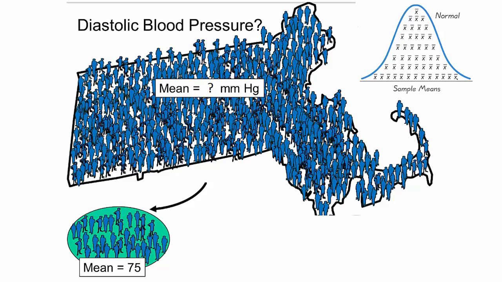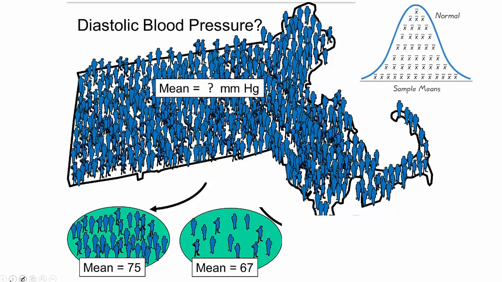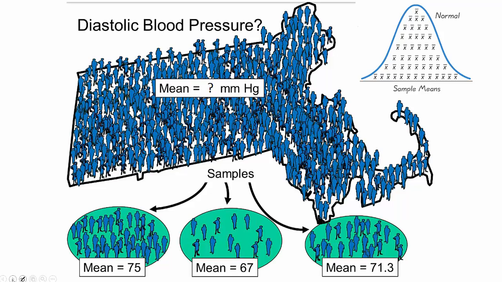We, in Chapter 6, then found the mean of the sample means, sometimes called the grand mean. And that, the mean of the sample means, truly did target the population mean. So in Chapter 6, what we would have done is we would have taken another sample, found the mean, another sample, found the mean, and then we would have found the mean of those.